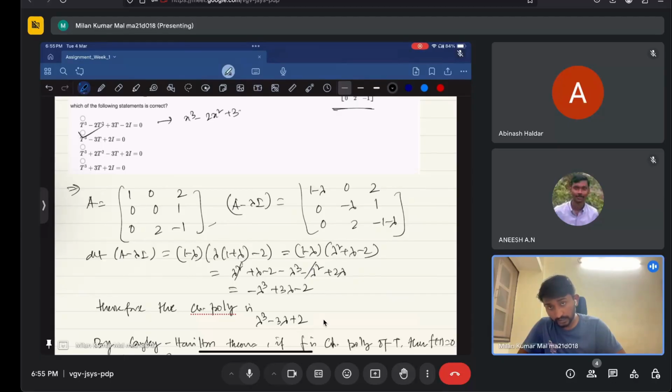This is 3x minus 2 equals 0. This is the polynomial, though it is x3 minus 2x square plus 3x minus 2.